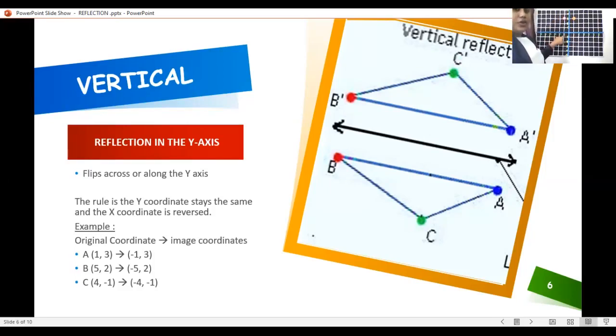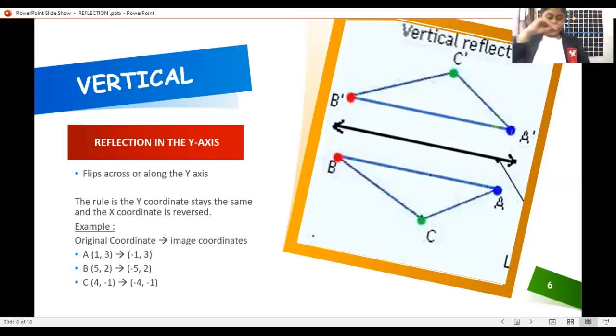Isn't that so? So therefore, we can conclude that when we are reflecting in the y-axis, the y-coordinate remains the same and the x-coordinate is changed, meaning from a positive, it becomes a negative.